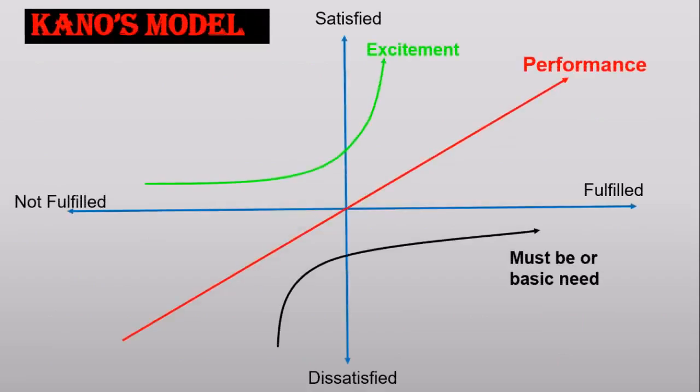Now again we look at the Kano model. In the Kano model we discussed the must-be or basic needs, performance and excitement categories. With the excitement category, there are no unhappy customers when it is not present in a product, but this category may change after a long period of time and move toward the must-be category. A simple example: 10 or 15 years ago there was no ABS system in vehicles. Today it is a basic or must-be category.